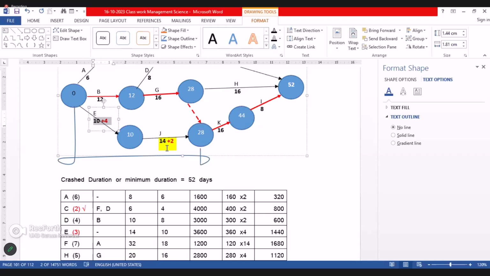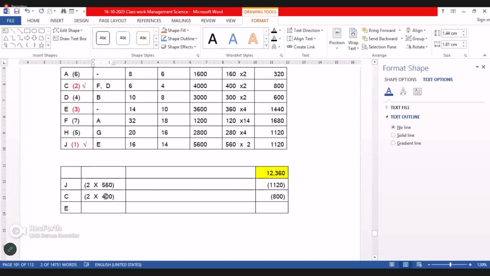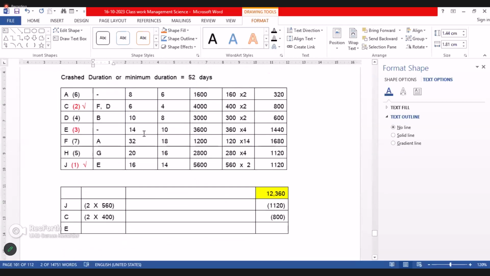So now you see here there are two bargaining points. Here 2 days, already we have adjusted. Which one? J. 2 days we have already adjusted.